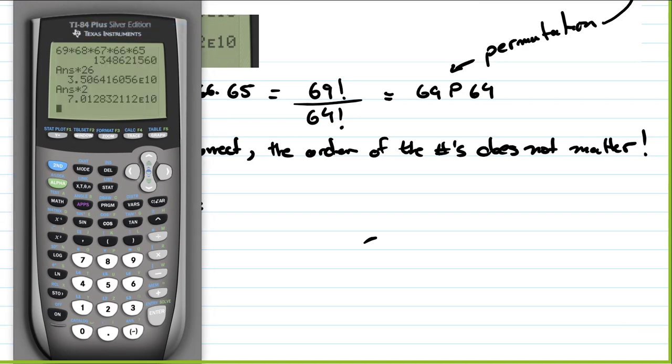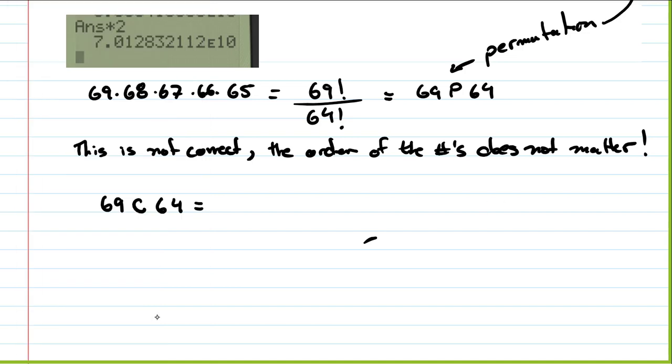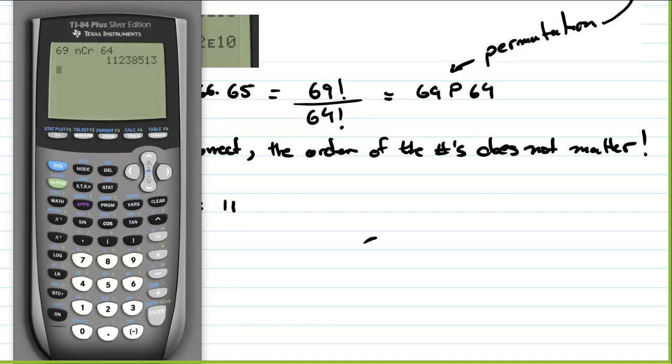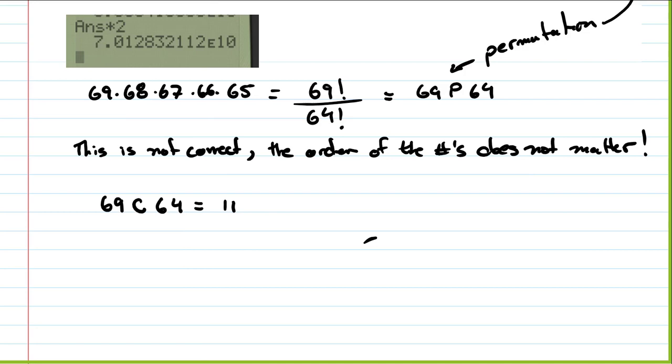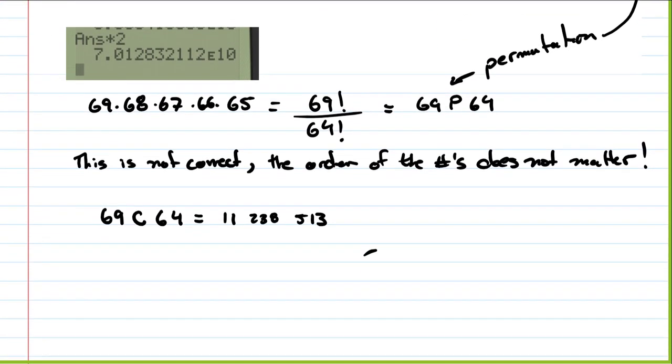It's going to give us a very different number. 69 math choose, not permute, 64 gives us, okay, we end up with 11,238,513. So that's our stage 1.